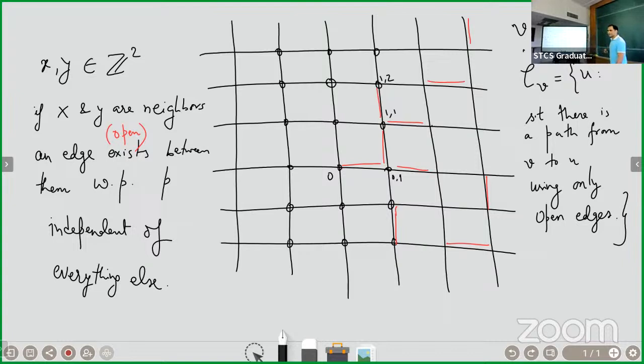So that's your connected component. Now the question we've been asking: what is the largest connected component of such a graph? For each vertex it could be small or large, but what we are interested in is whether the graph has a large enough connected component.